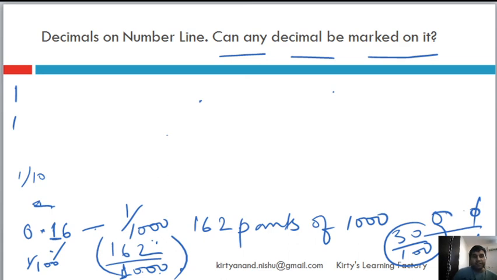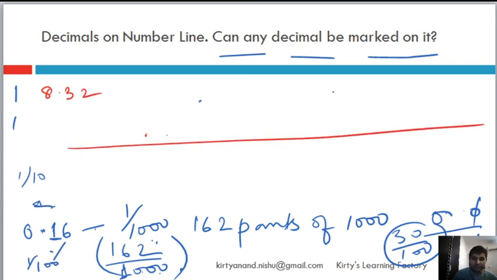So if there is a decimal 8.32, how will you put it on the number line? Let's say up to 8. You already know that this will be somewhere between 8 and 9, because it is 8.32, so greater than 8, but less than 9. 32 is 32 on 100.